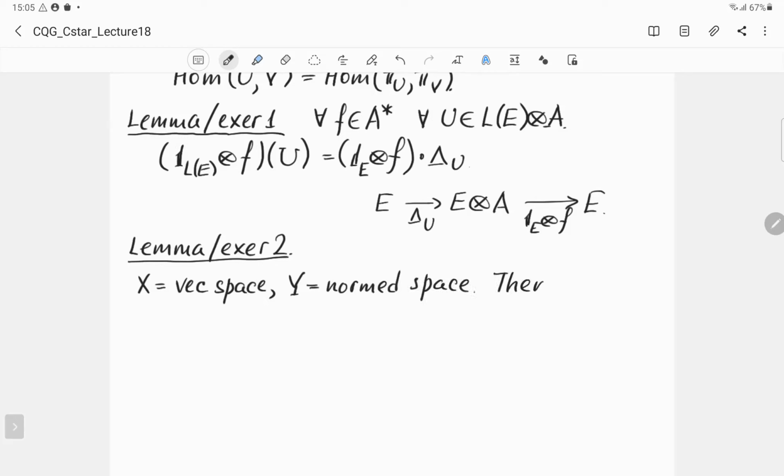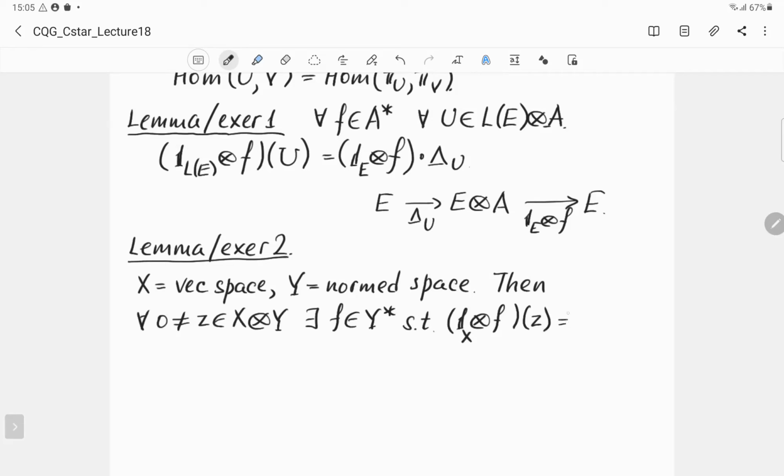Then for each non-zero element, say z, in their algebraic tensor product, there is a bounded linear functional f on Y such that one tensor f, here one is the identity map of X, doesn't vanish at z.